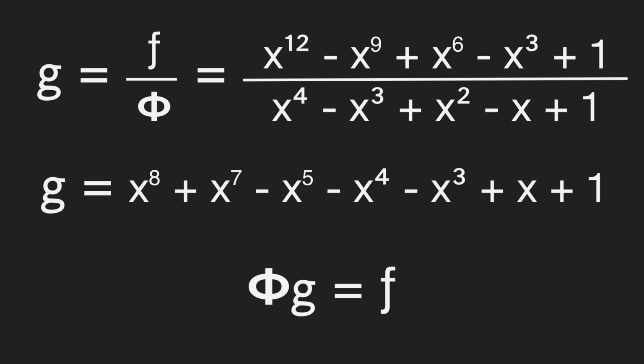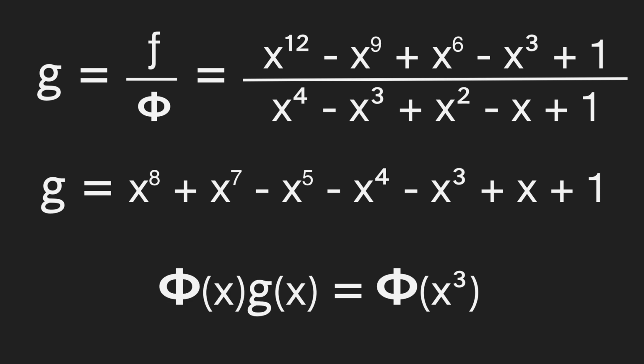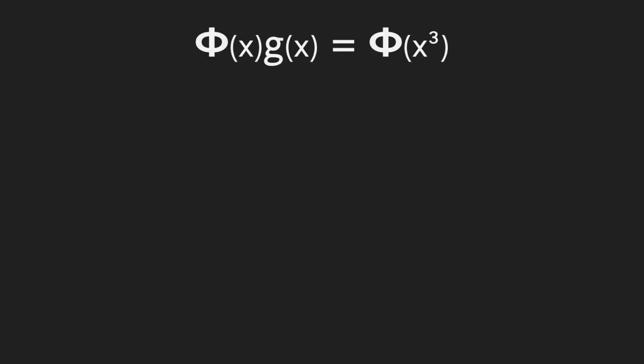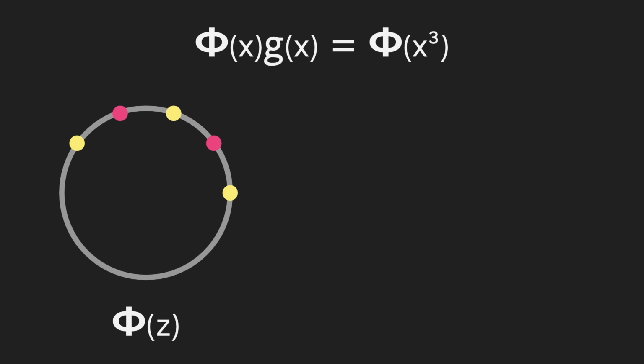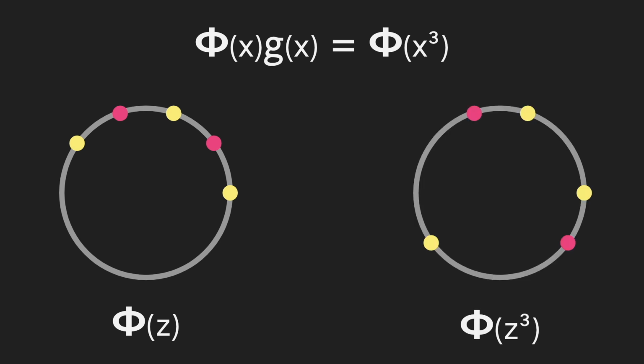Well, remember, phi times g equals f. But f was defined to be phi of x to the 3rd. And just to make things clearer, we'll show that the other two are taking x as an input. So phi of x times g of x is phi of x to the 3rd. On the left, we have the set of points from phi of z, and on the right, we have the set of points from phi of z to the 3rd.